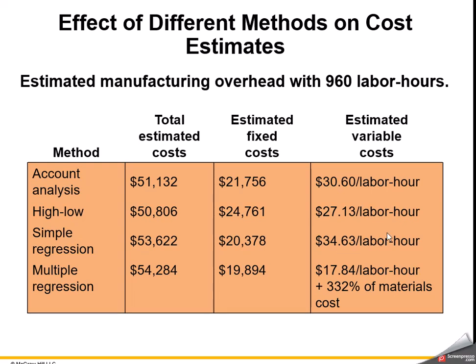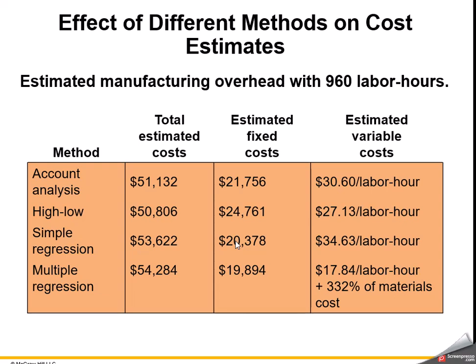So if we just focus on those top three, though, these are basically giving us that formula. So in order to calculate our total cost, it's our fixed cost plus these variable costs per labor hour. And then you can see they're not hugely different. But if we're using the account analysis, we came up with this number. The high-low, which again is just the high point and the low point, we came up with that.